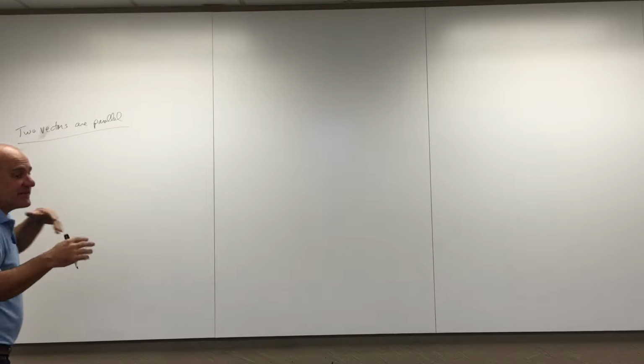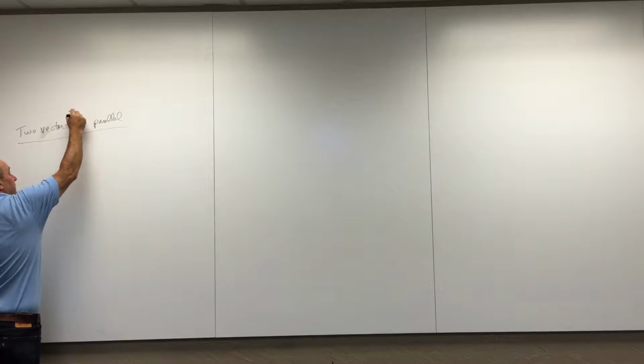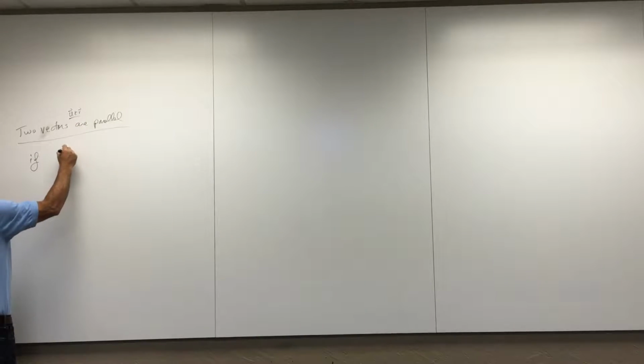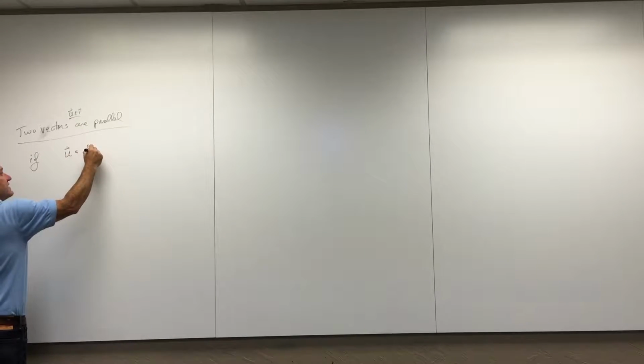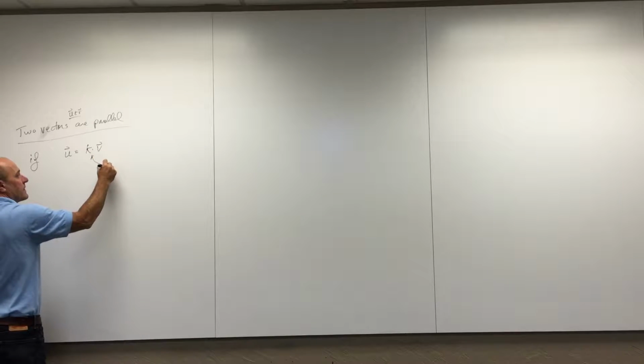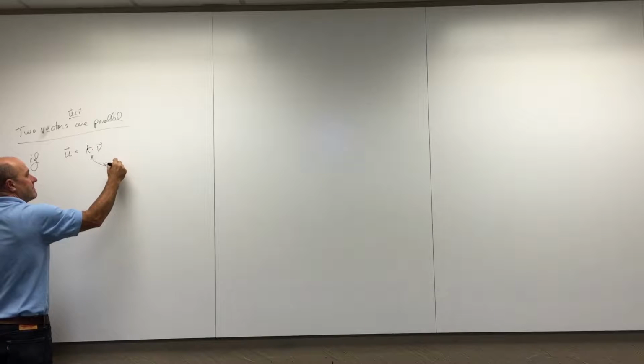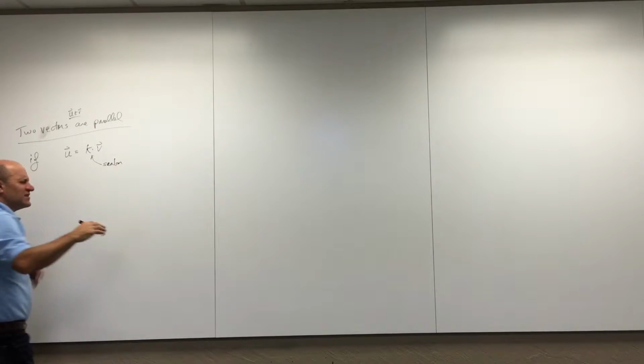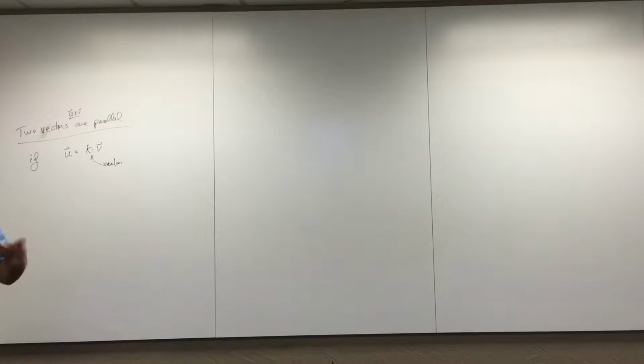Really it comes down to this. Two vectors u and v are parallel if u equals k times v, where k is some scalar. So you were thinking more geometrically, and I'm thinking more mathematically.